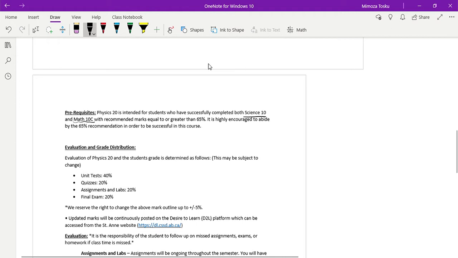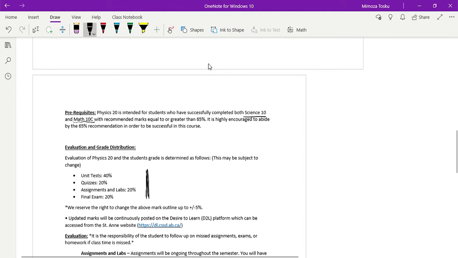The evaluation of Physics 20 will be in this weighting. Unit tests, which will be 5, will be 40%, all of them. Quizzes, which are cumulative quizzes, will be 20%.